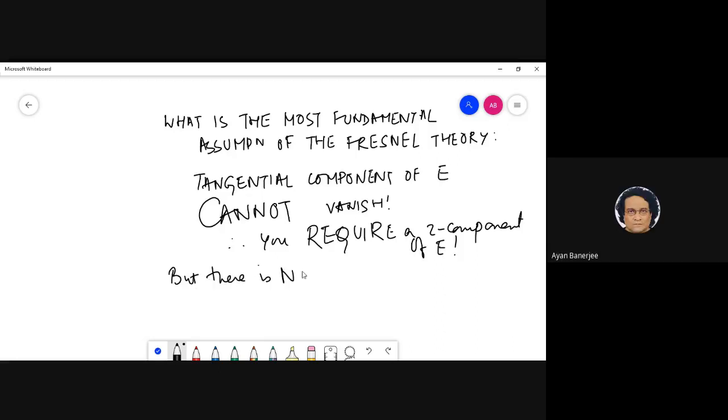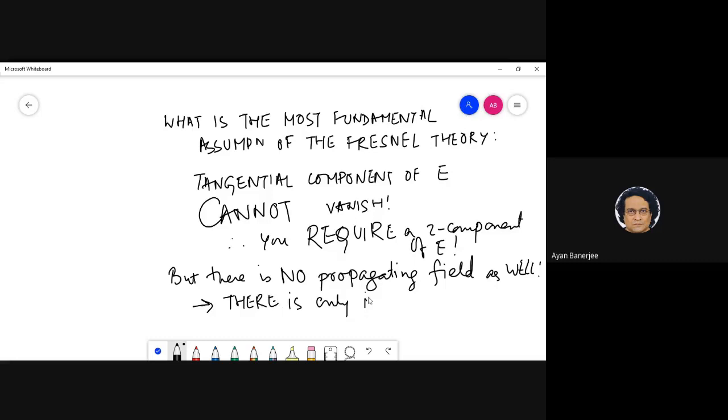You have an electric field, there is only intensity, no energy flow.